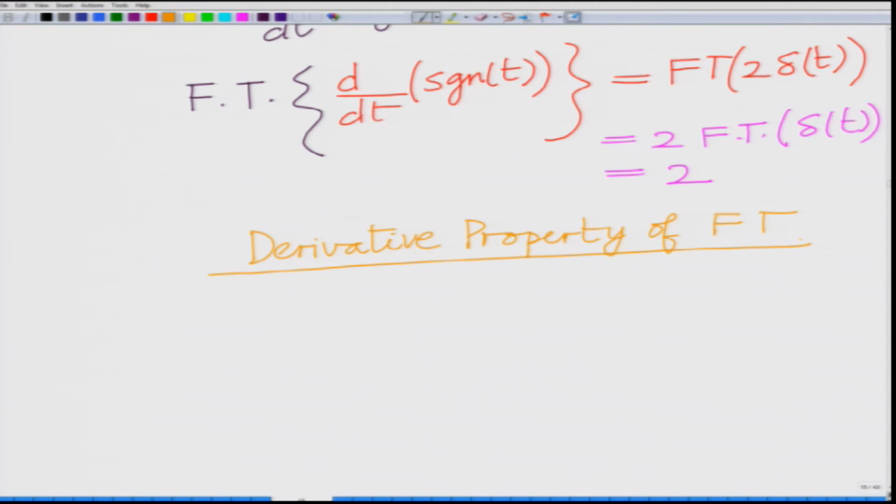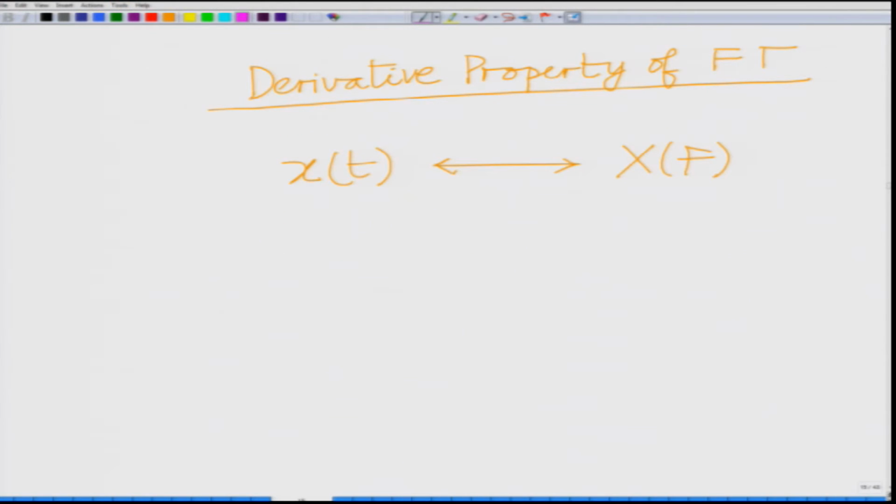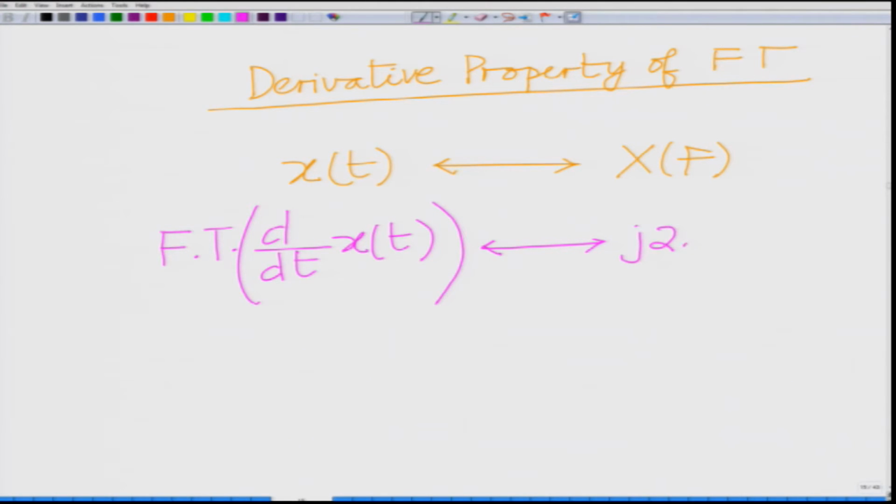The derivative property states that if a signal x t has Fourier transform x f, then the Fourier transform of the derivative of x t is j 2 pi f times x f, where x f is the Fourier transform of x t.